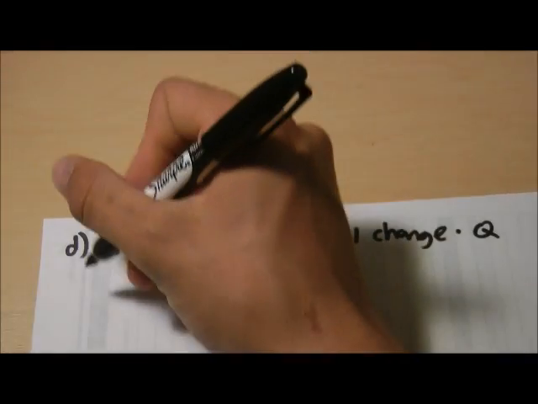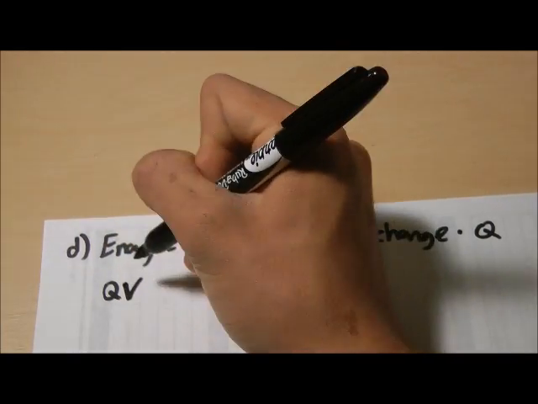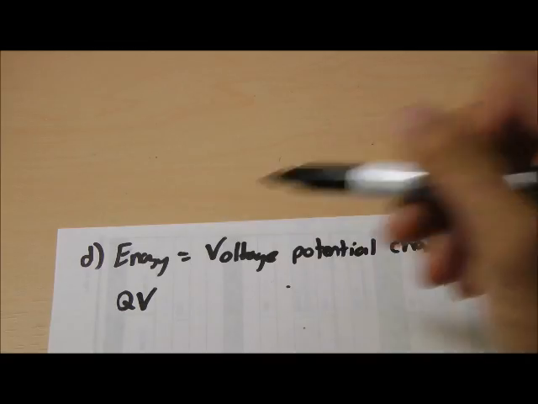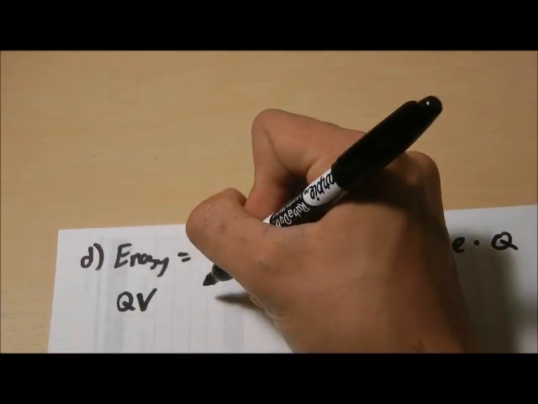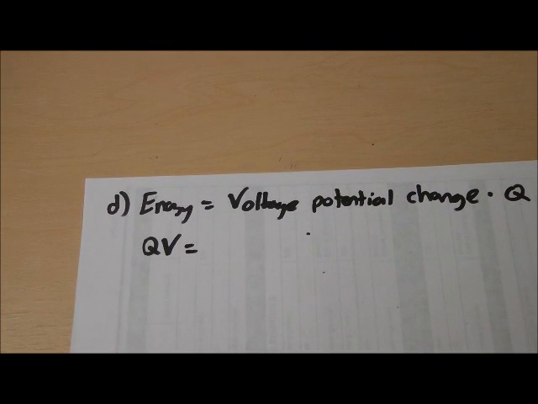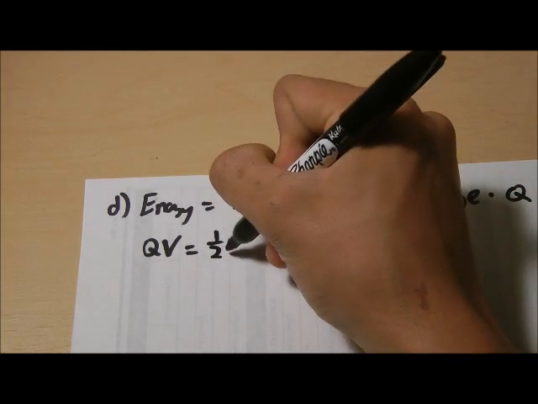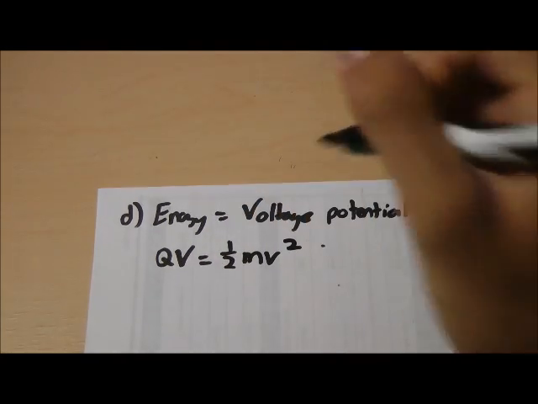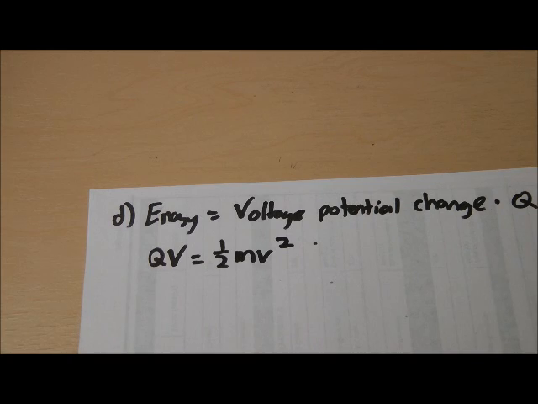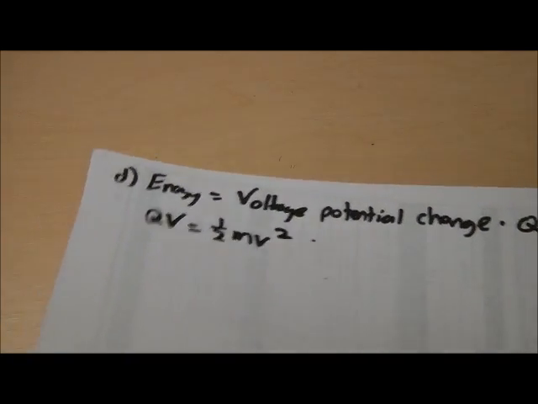So QV, which is the potential change in the region, is equal to the ending energy, which would be 1/2 mv squared. And we can use the V from before.